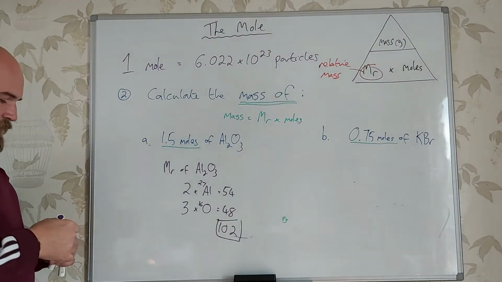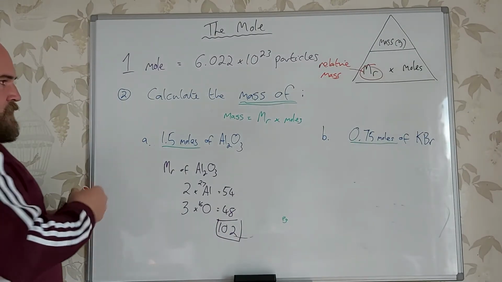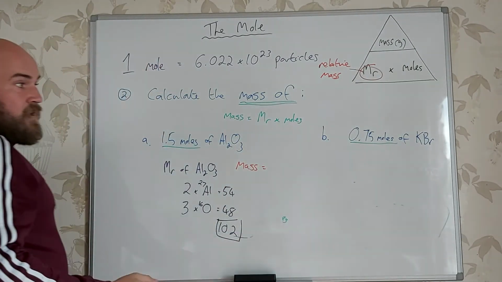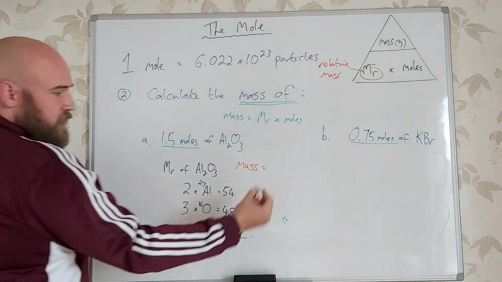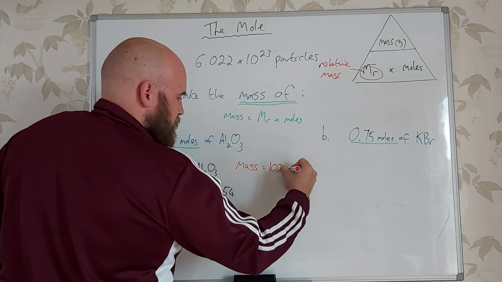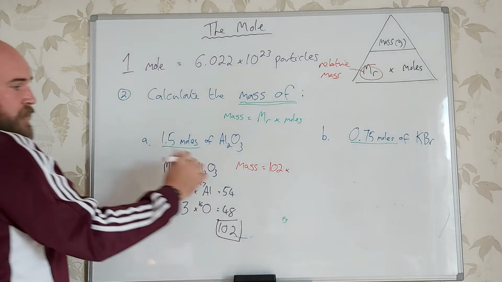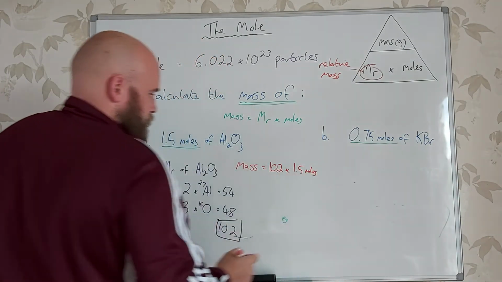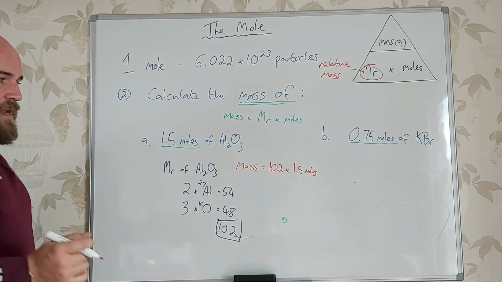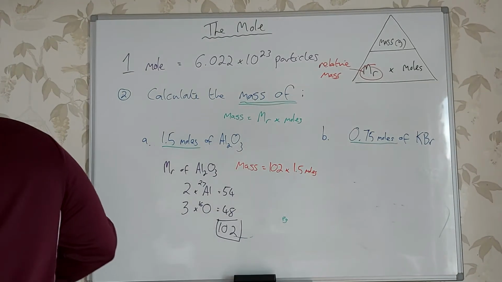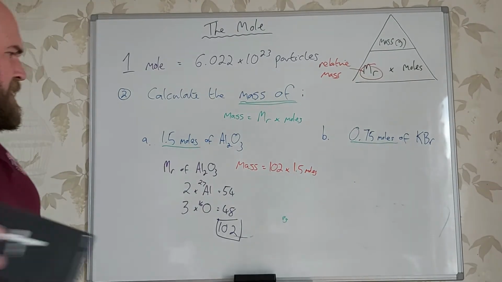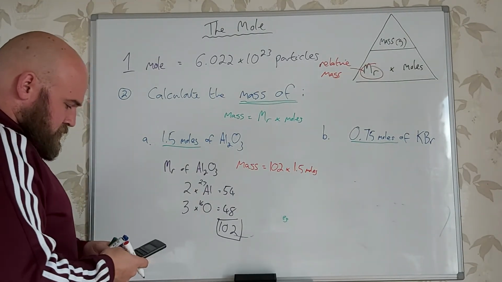So, to work out my mass equals Mr, which I've just worked out, 102, times moles, which is in the question, and that will give you an answer. Just use my calculator to check. 151, I think.